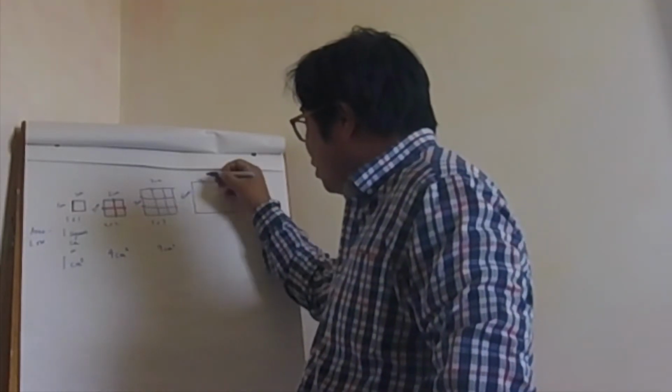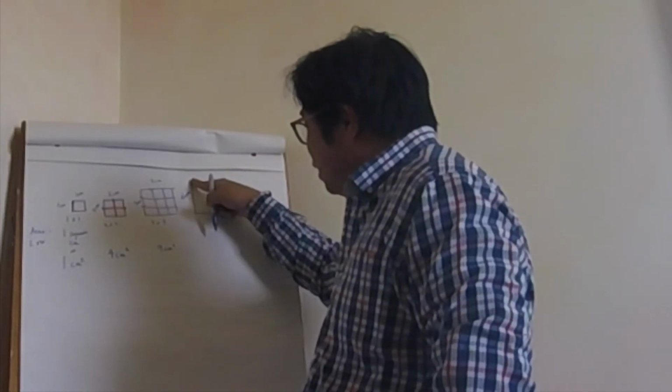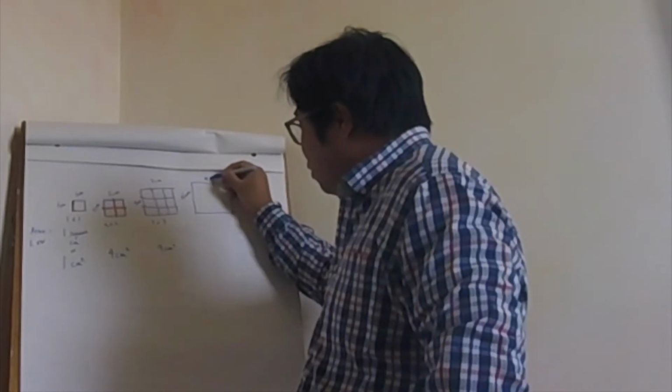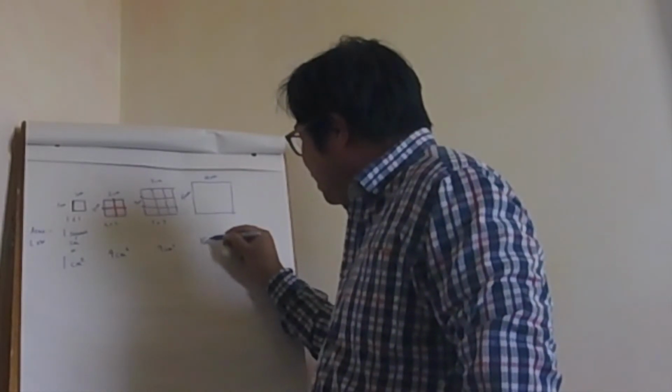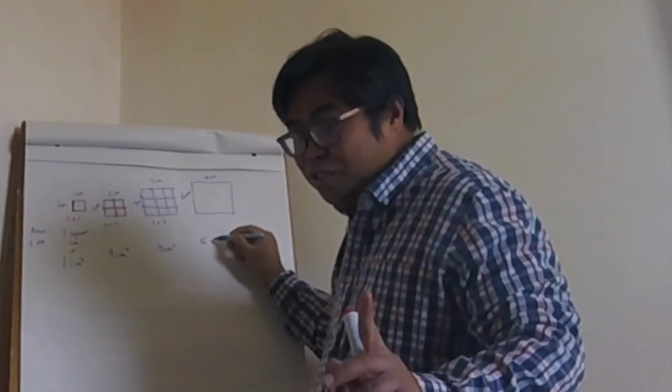If it's a square, 16. Okay, you have to say the area of that square is 16 centimeters square.